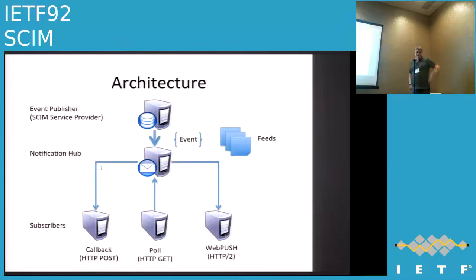Originally that broad architecture we took from a spec called PubSubHubbub, and what we took from that was the idea that sometimes you want to offload this activity because you want your Scim service provider to keep up with the changes that it's processing. And we don't want to maintain a historical record like we did with LDAP and have a changelog kind of thing where clients are constantly pinging the changelog. Has anything changed? Has anything changed? We'd rather have event messages just be delivered for those that are interested and have a service take care of that.